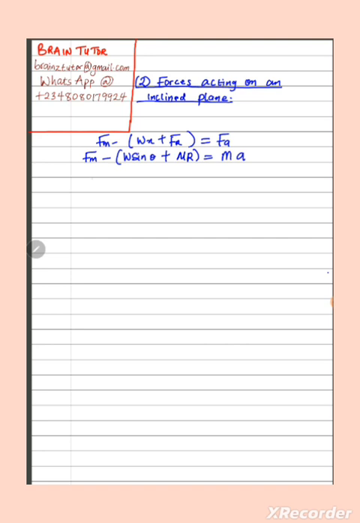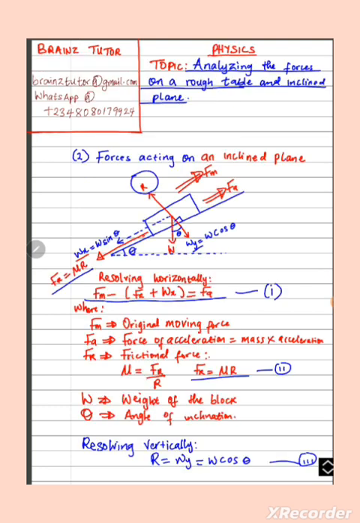So if I further put the value of R into this equation, I have my Fm, that is my moving force, minus W sine theta plus the frictional force, which is mu times R. Let's check the value of R. From here, R equals W cos theta.